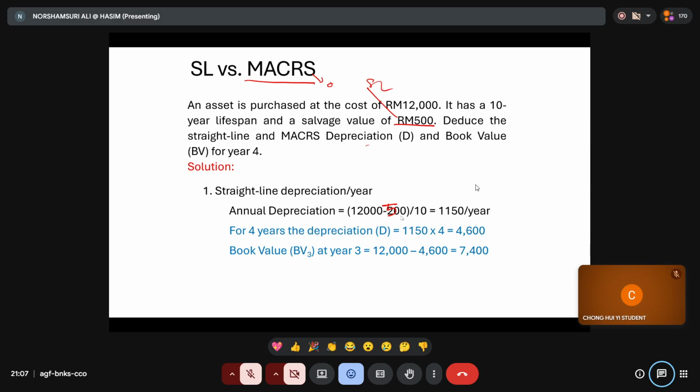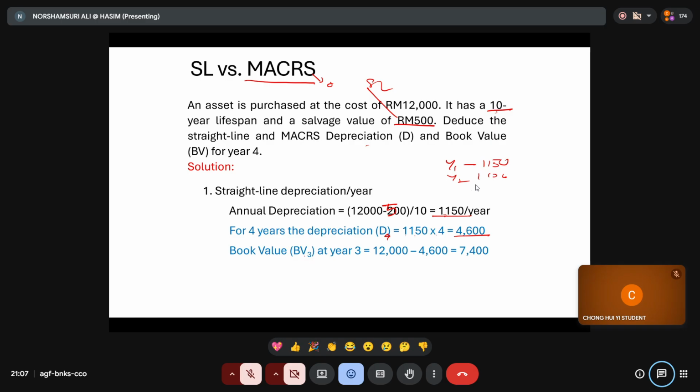Yeah, this one is the concept. Okay, this one is correct. So 11,500 is the amount, and the only thing is the 500, which is the salvage value, divided by 10. So if, for example, the lifespan is 10 years, then year 1, year 2, and so on each have a depreciation of 1,150. So for 4 years of depreciation, D4, it is 1,150 times 4, which is 4,600.